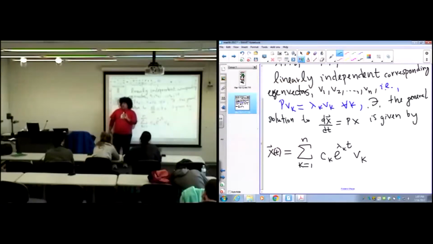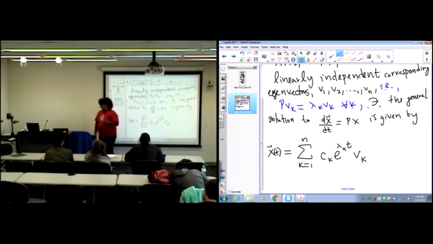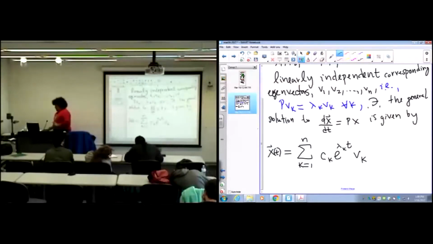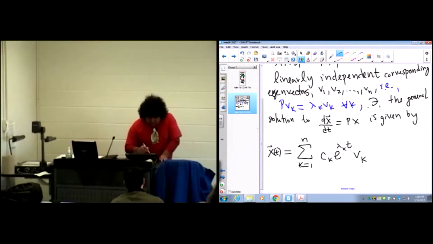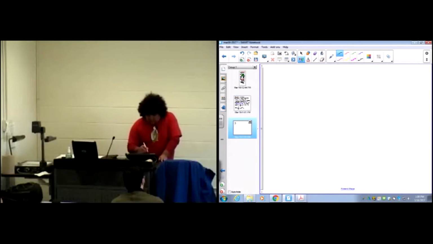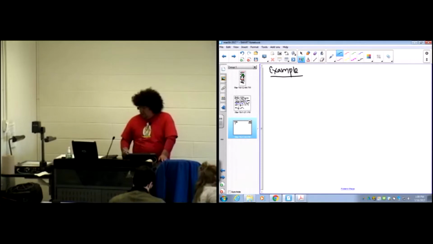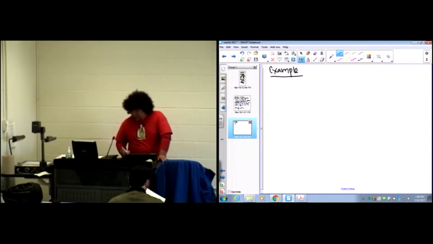Let's say we have derivative of x1 given by a x1, derivative of x2 given by b x2 plus x3, derivative of x3 given by a x3. So we have three differential equations, one for each state variable, x1, x2, and x3.